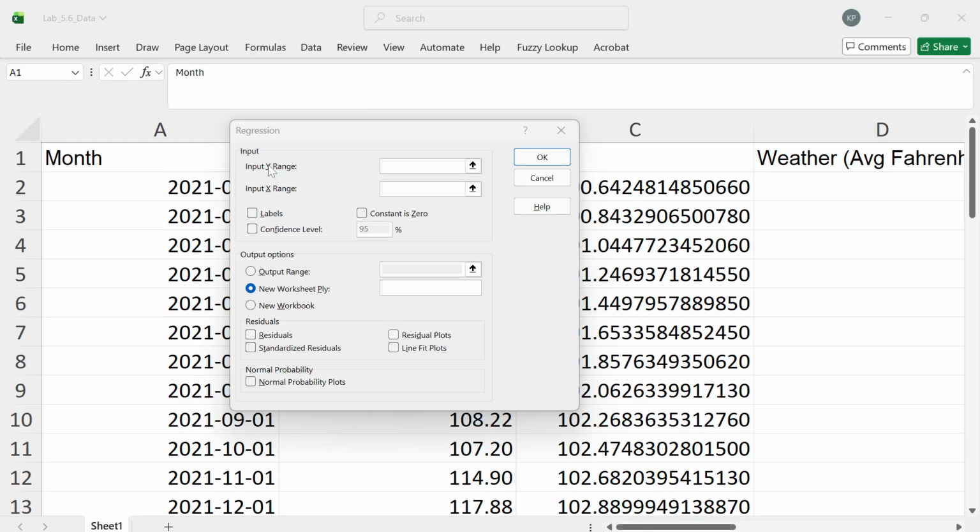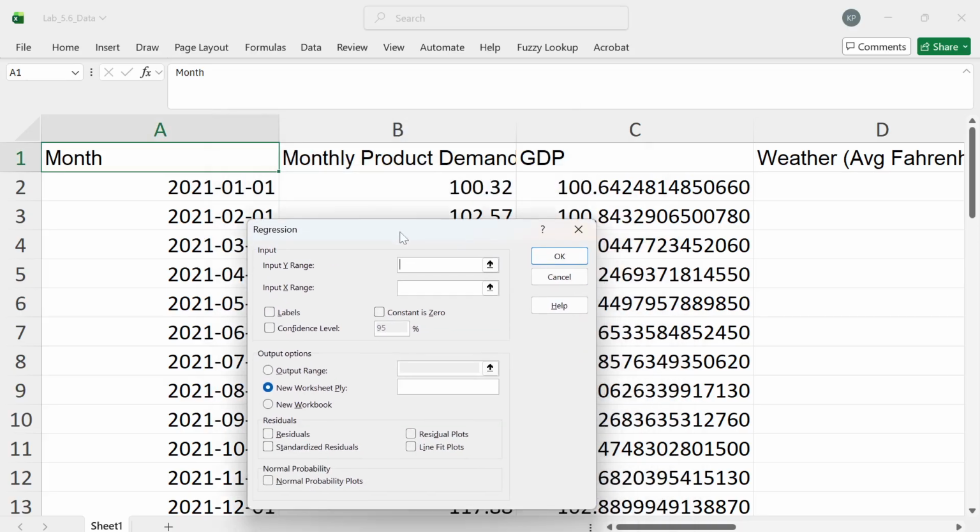If you remember, I mentioned column B, monthly product demand, is the dependent variable, and GDP, weather, and holiday season are independent variables.